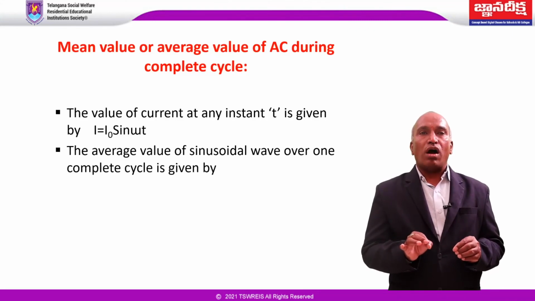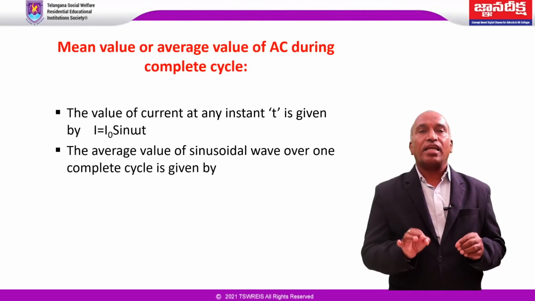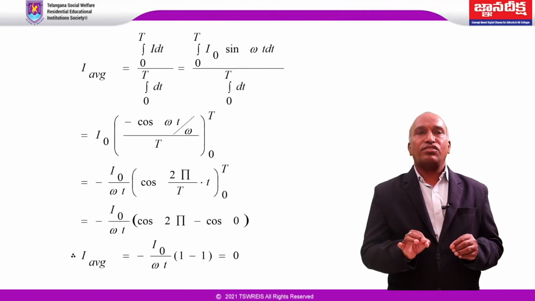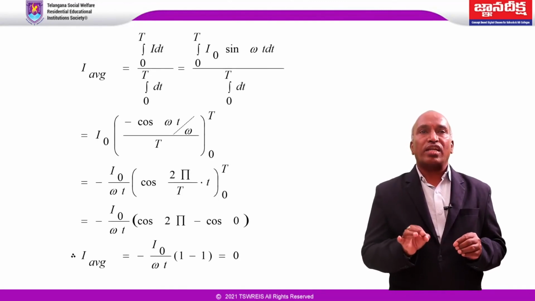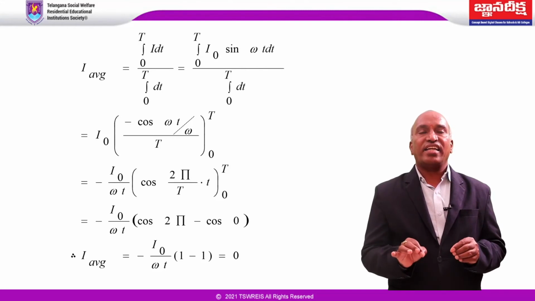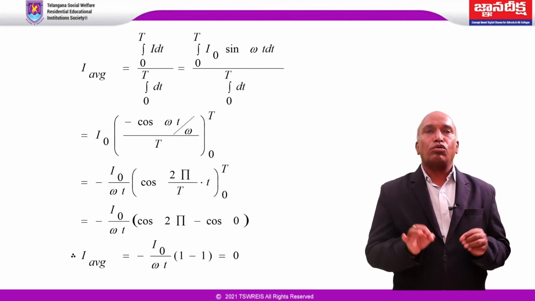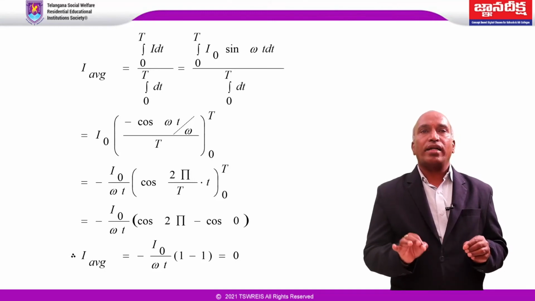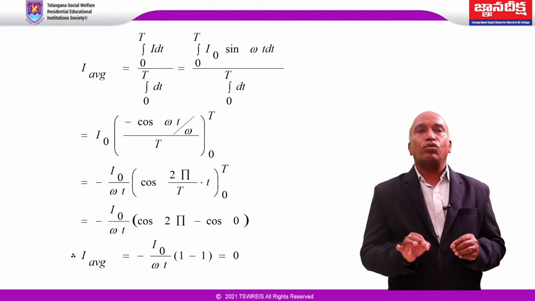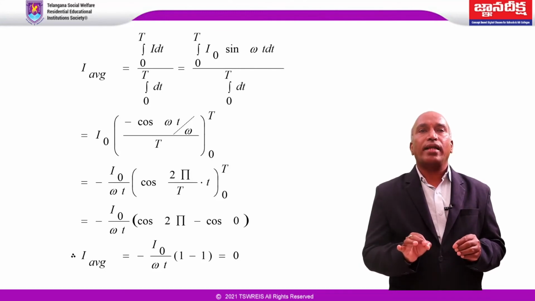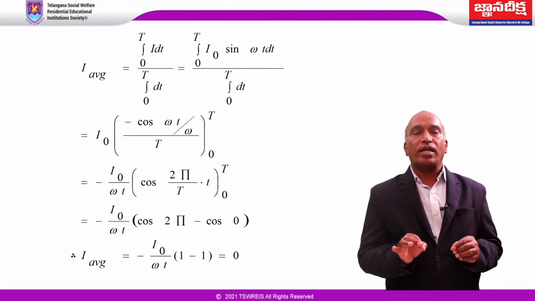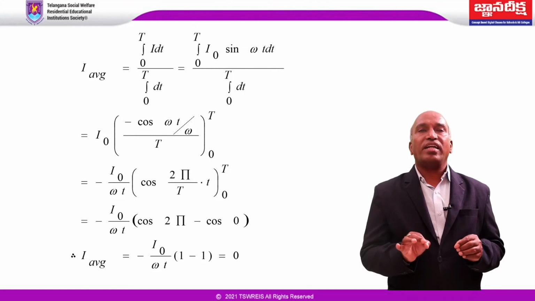The average value of sinusoidal wave over one complete cycle is given by I average = ∫₀^T I dt / ∫₀^T dt, that is equal to ∫₀^T I₀ sin ωt dt divided by ∫₀^T dt, that is equal to I₀ [integration of sin ωt is −cos ωt/ω] divided by T. The lower limit is 0, upper limit is T.